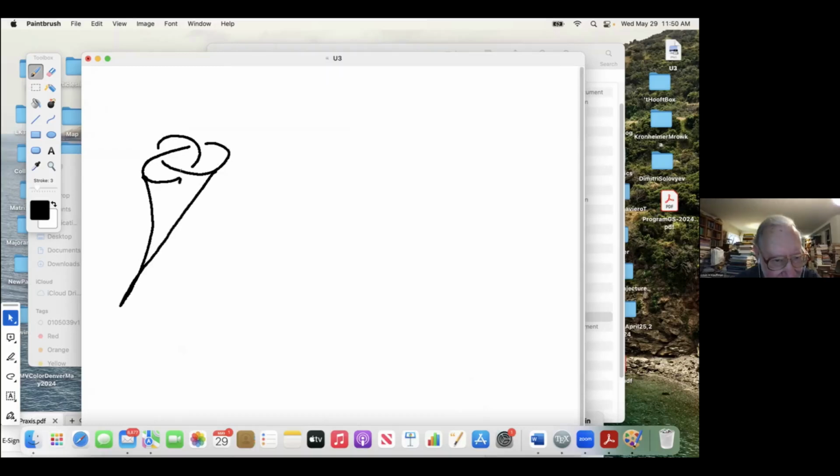The surface appears to intersect itself like this. Does that give you a kind of sense of what I have in mind?